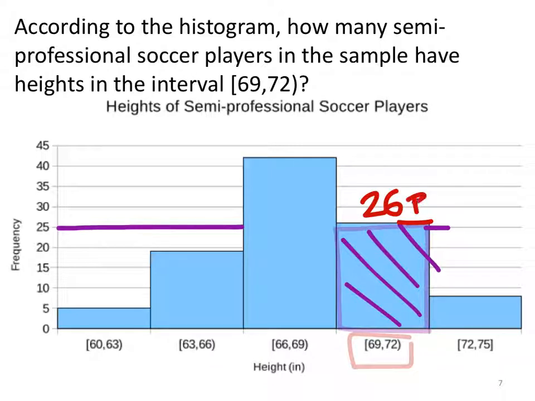So 26 soccer players. I'm just going to put players on that. Could this be 27? I don't know, maybe. It's not really that specific. A 27, I would assume, would be just a little bit higher.